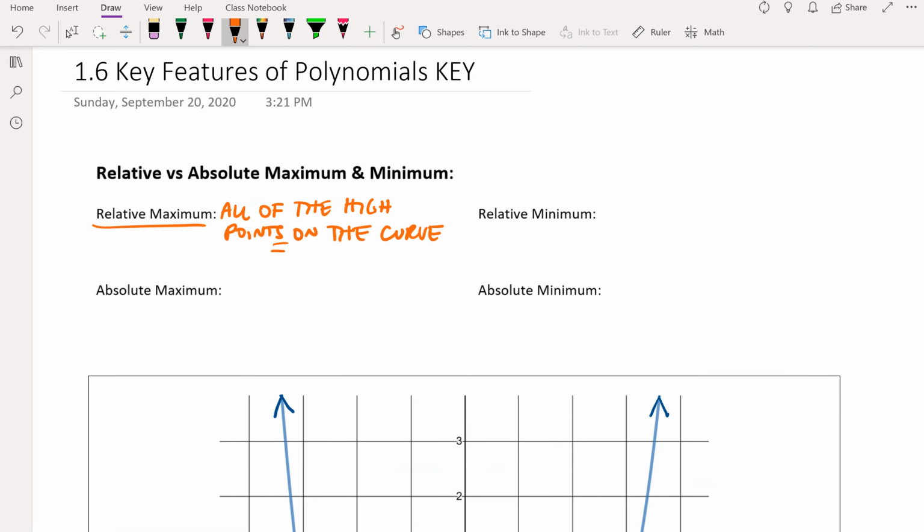And make sure you recognize that this is plural, so there could be more than one. And then relative minimum, all the low points on the curve. And again, it's plural, there could be more than one.